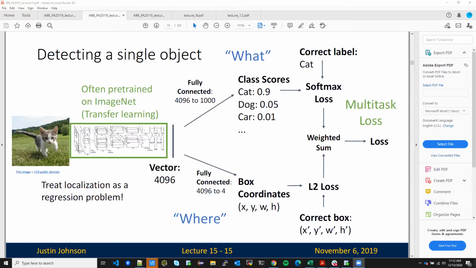One thing I didn't mention: for the classification part, we went from 4096, the fully connected layer, to 1000, because we have, say, 1000 categories. But for the regression box, we are going to go from 4096 to 4.